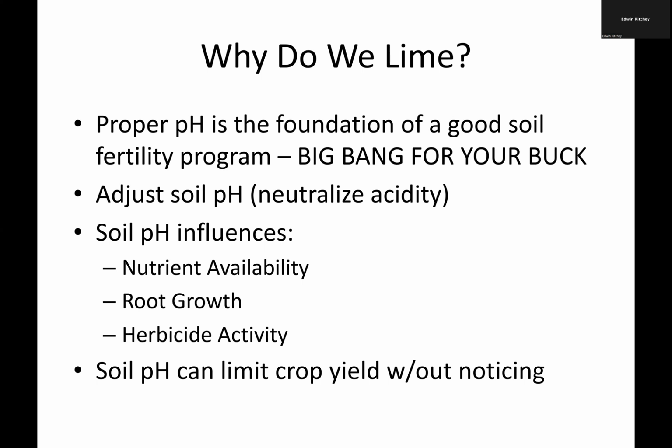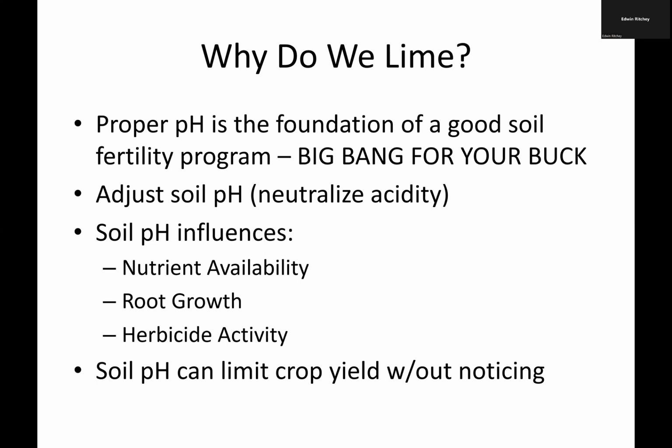What we're doing when we're liming, we're generally adjusting the pH up. You never lime to make your pH go down. So what we're doing is neutralizing acidity. And your soil pH is responsible for many things. The biggest thing is nutrient availability. And then you have root growth or root function.